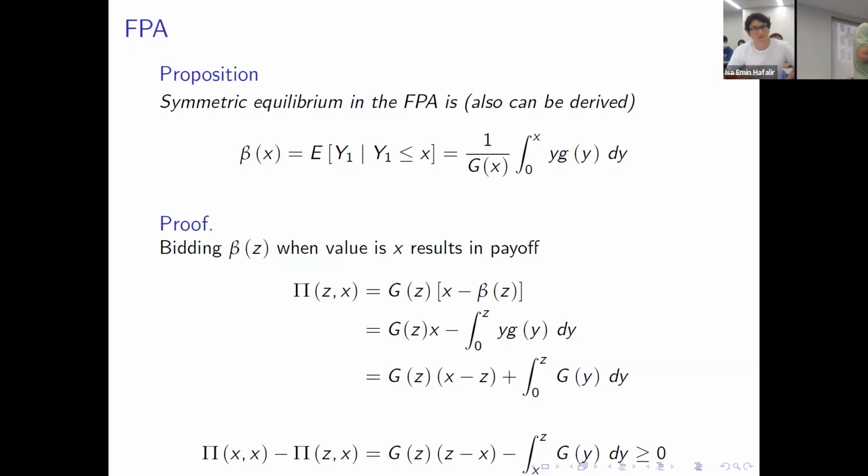Yeah, whenever you have differential equations, most of the time you don't get a closed form solution. But in this case, we already know that there will be a closed form solution because of the revenue equivalence theorem. It confirms that this can be done in this first order approach way.